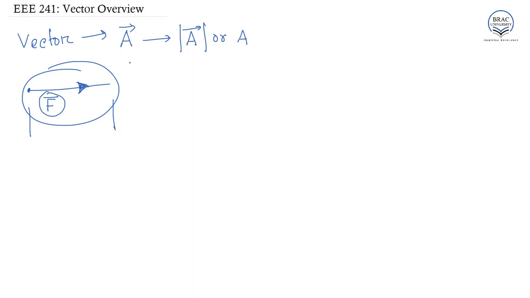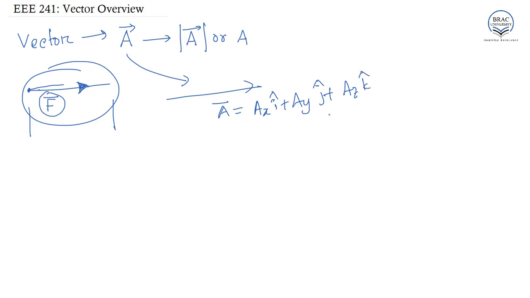Now, suppose A is a vector which is in a 3D space. I mean, this vector line, say this is a vector, directs to any random direction in 3D space. So we can write A as AX i, AY j, and AZ k, right? You know about this notation already.